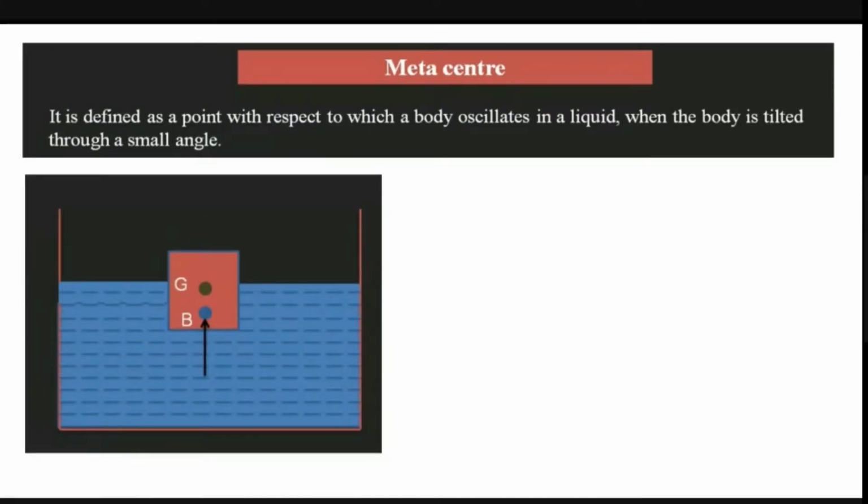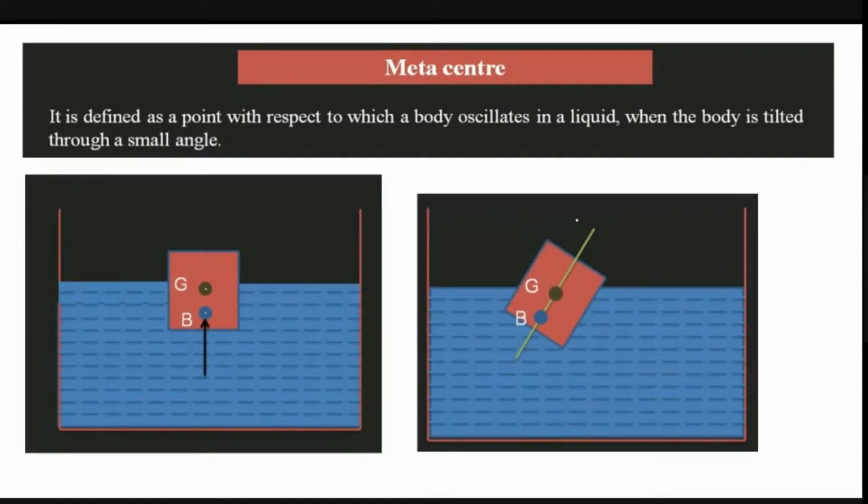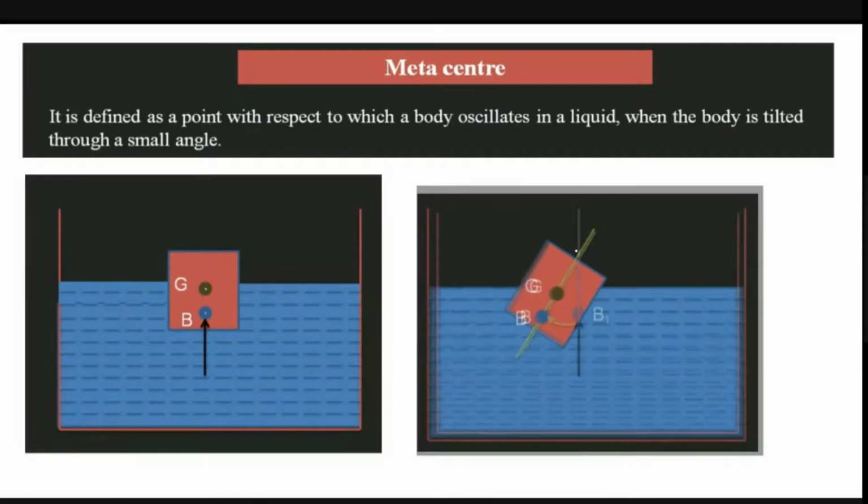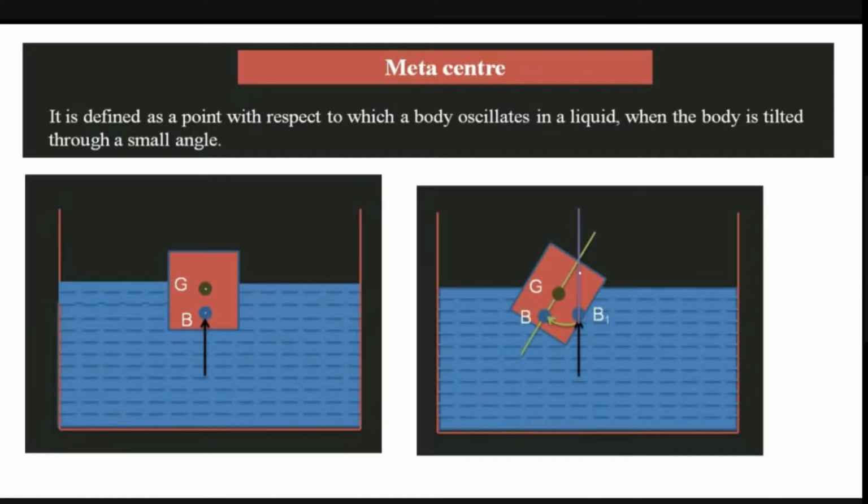In this figure, I'm going to explain that G is the center of gravity at which the weight of the body is acting, and B is the buoyancy force. Now suppose I give this inclination: in the neutral axis position, G and B are as shown, and for the original position I have B1.